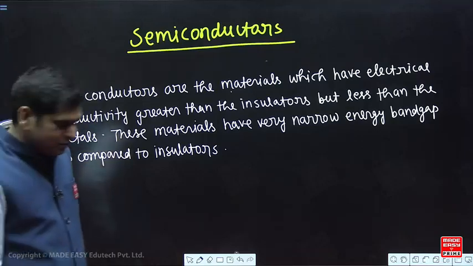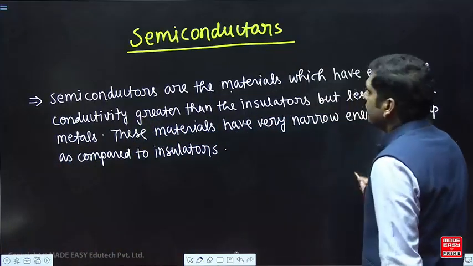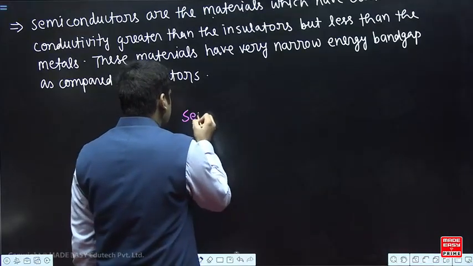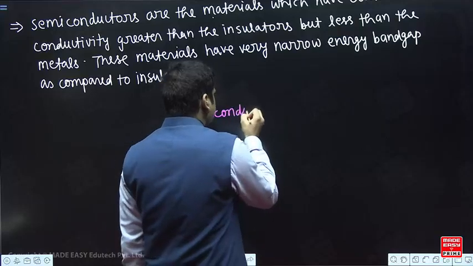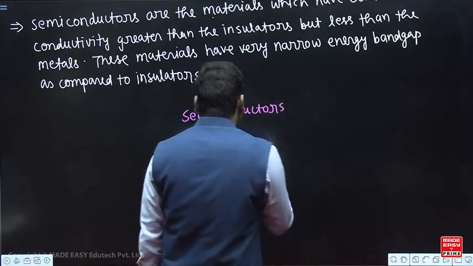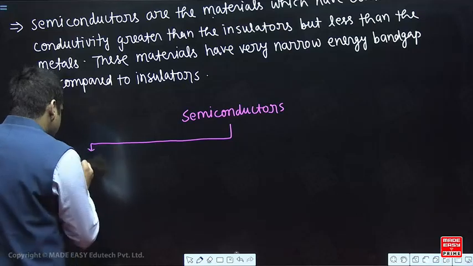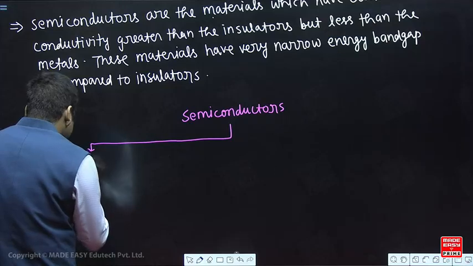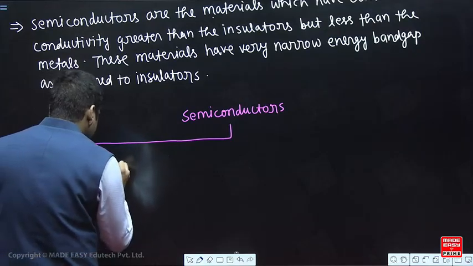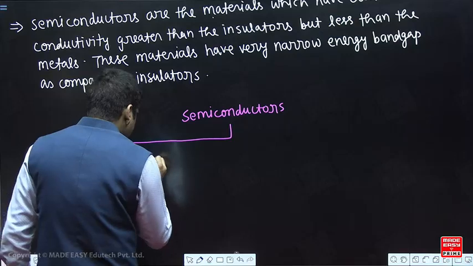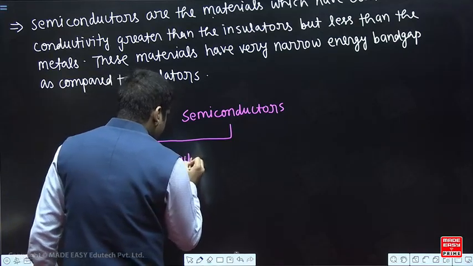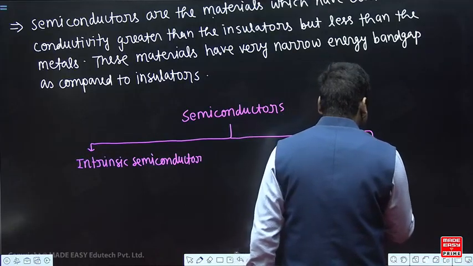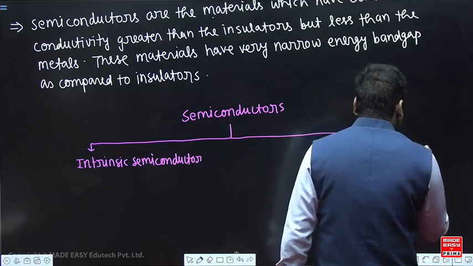Noted? Right. Let's come back. These semiconductors are classified in two ways. First, intrinsic semiconductor, and the second one is extrinsic semiconductor.